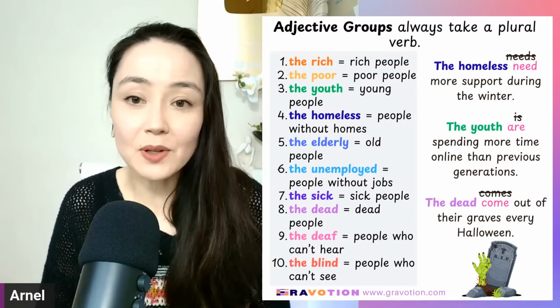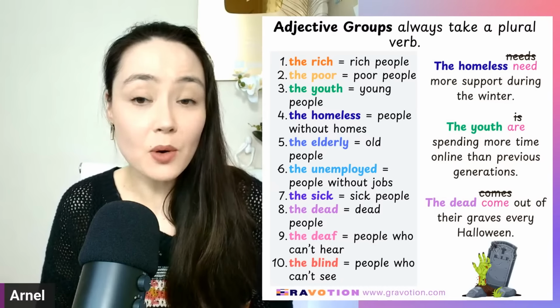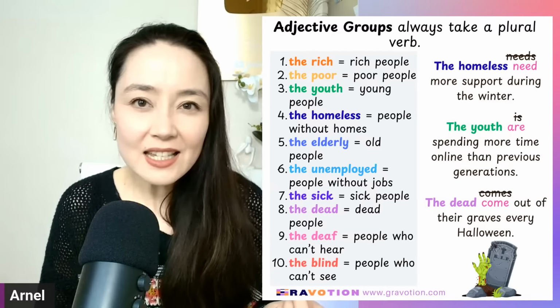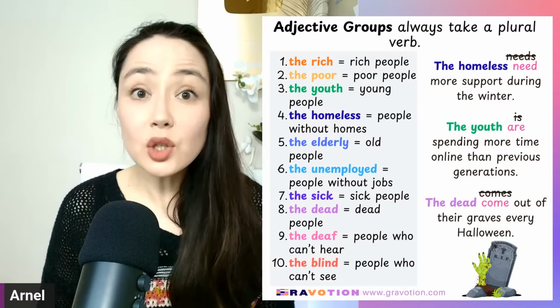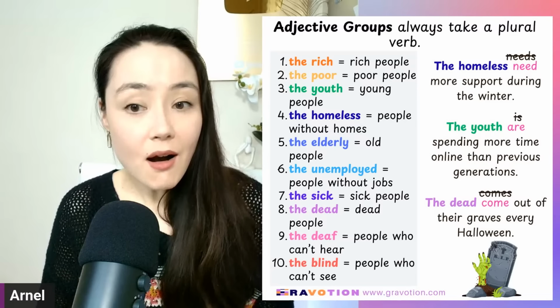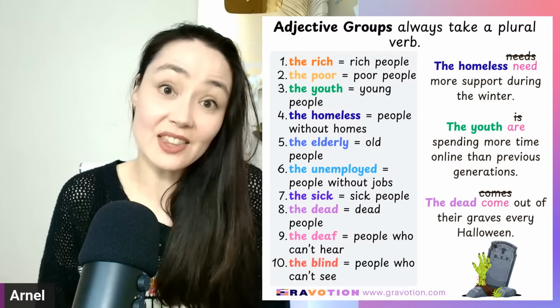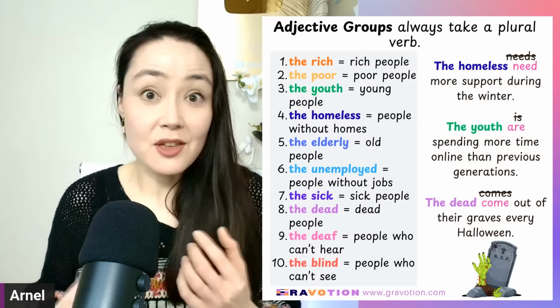For example, the homeless. The homeless need more support during the winter. The homeless needs? We need that plural verb. The youth. The youth are spending more time online than previous generations. I think we know that. Last example, the dead.